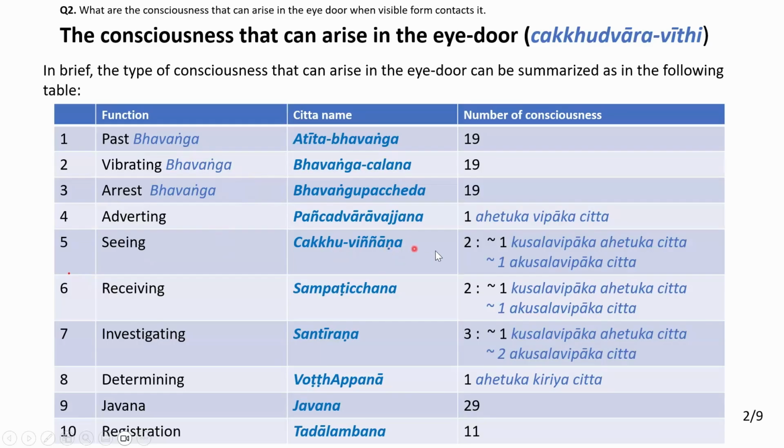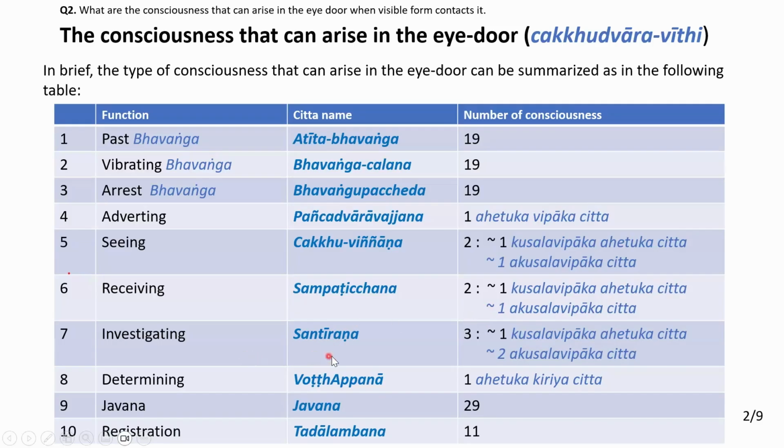Cakkhu Vinnana consists of 2: the Kusala Vipaka Ahetuka Citta and the Akusala Vipaka Citta, accompanied by equanimity. Then receiving, Sampaticchana, also consists of 2: one Kusala Vipaka, another Akusala Vipaka.